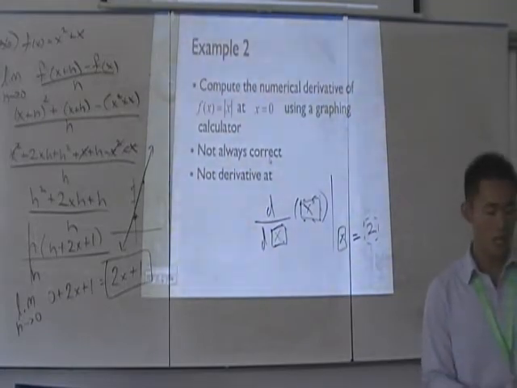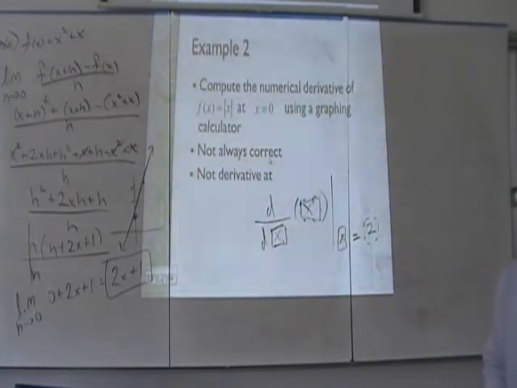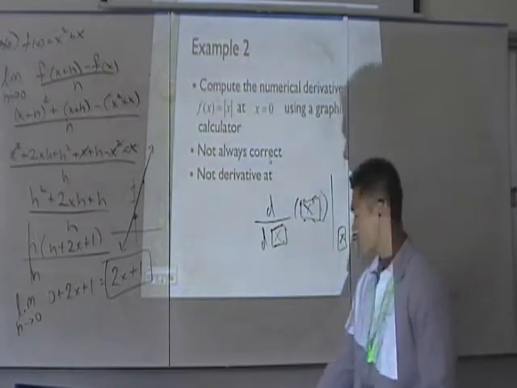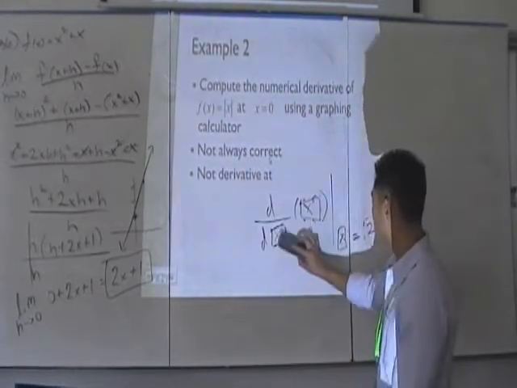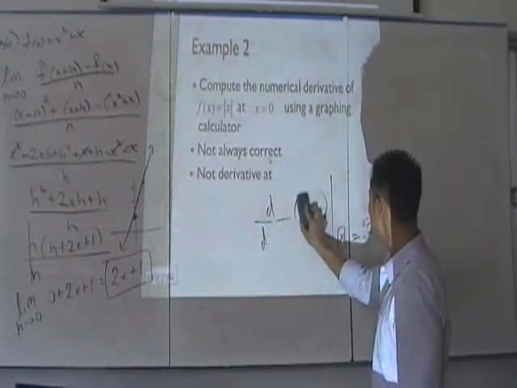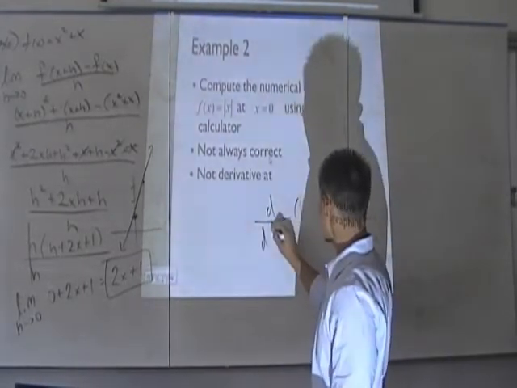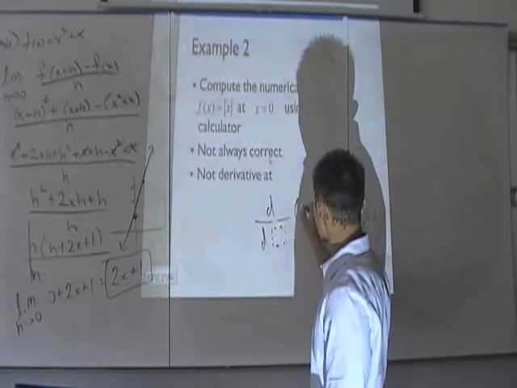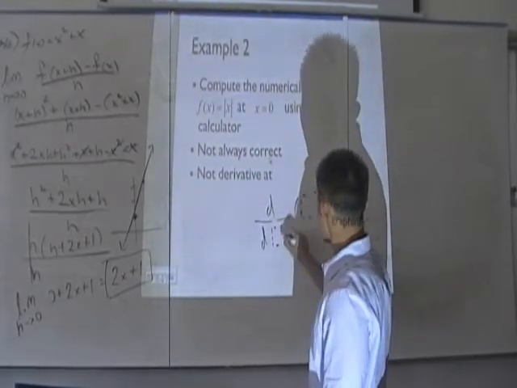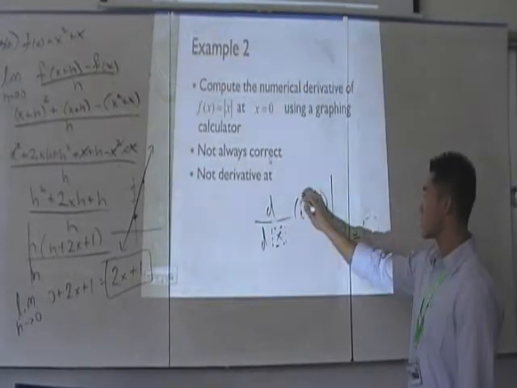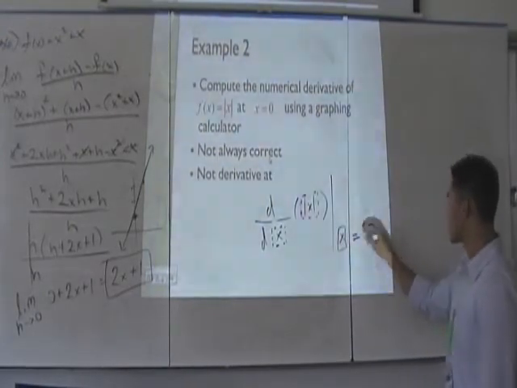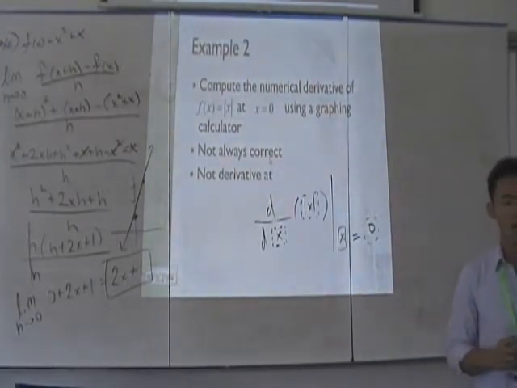Hit enter, you get 0. So you should write x in there, absolute value of x, and 0. Okay, any questions as to how to type this in?